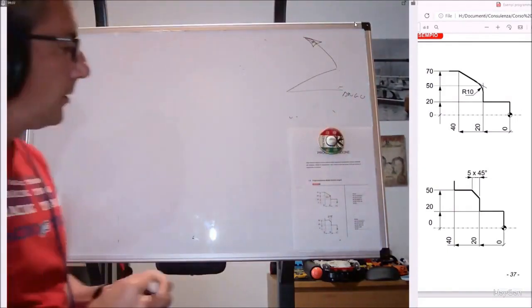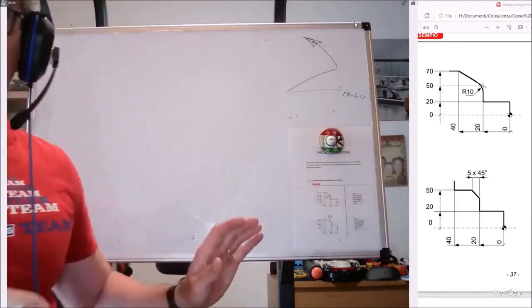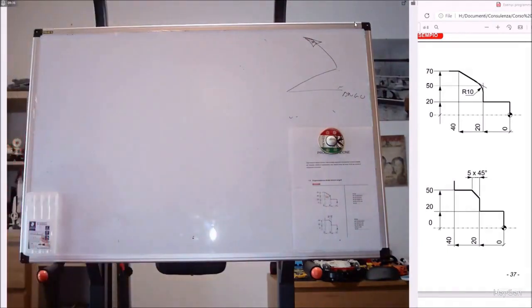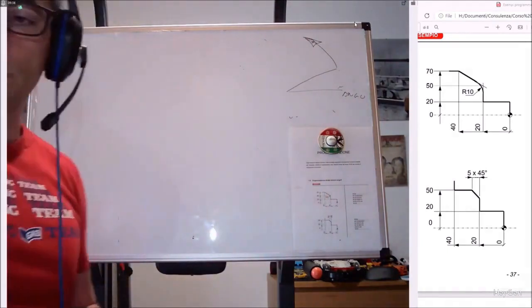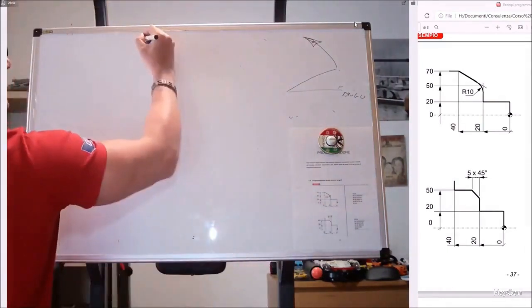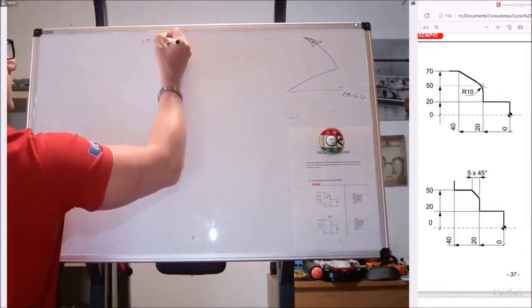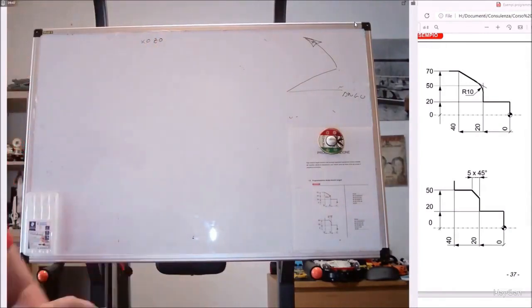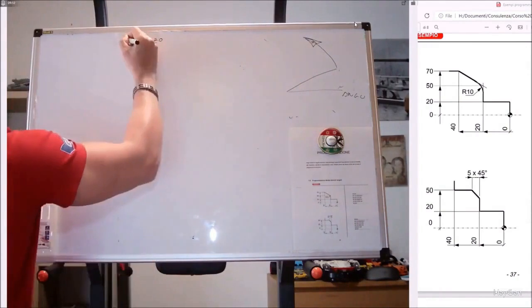Okay, the first example only involves a simple radius, which is what I showed you earlier. Let's forget about G1, G2, G3, G4. Let's just say it's all in G1.